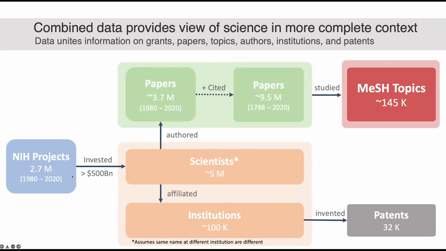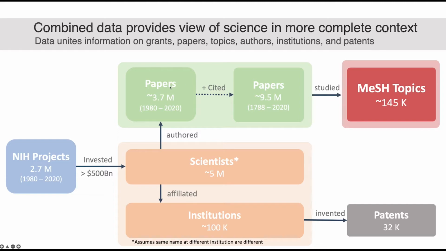And this $500 billion in investment to answer interesting questions went to something on the order of 5 million scientists who were affiliated with 100,000 institutions globally. These scientists authored something on the order of 4 million papers in that time period, according to the assets within our database.